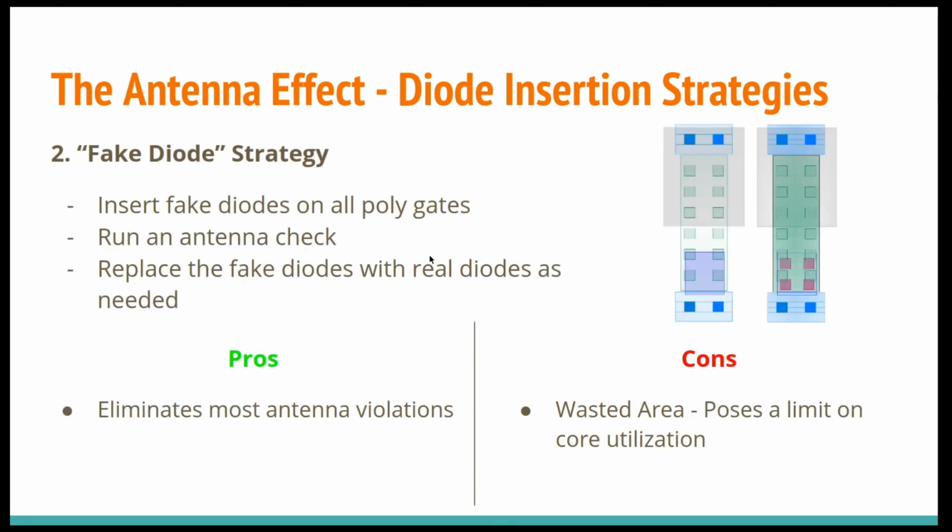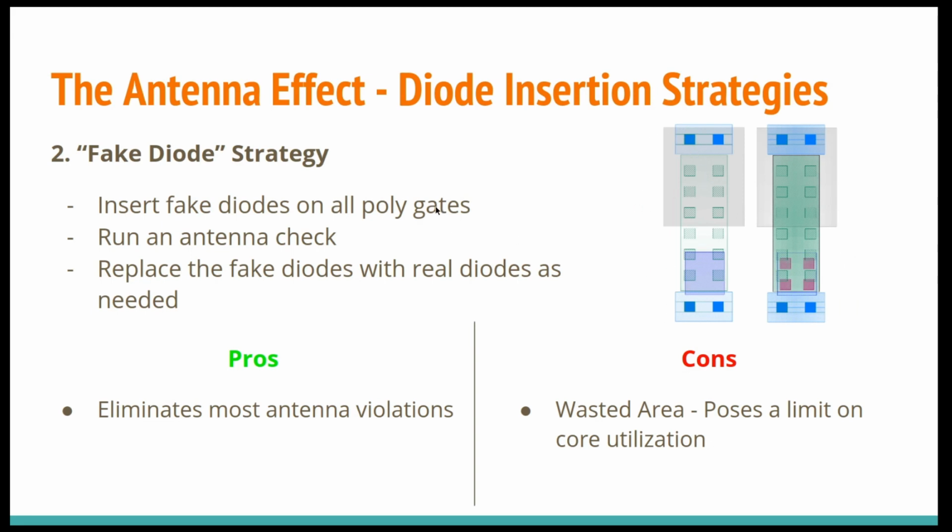An improvement to this strategy is to only reserve the space needed for diodes, and instead of inserting diodes in the first place, we insert what we call a fake diode, which is a custom fill cell that has the exact footprint of a diode cell, like the one you see on the left here.